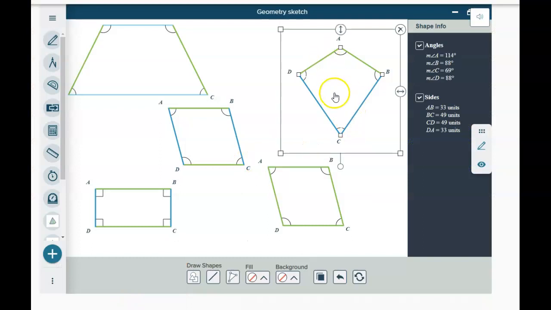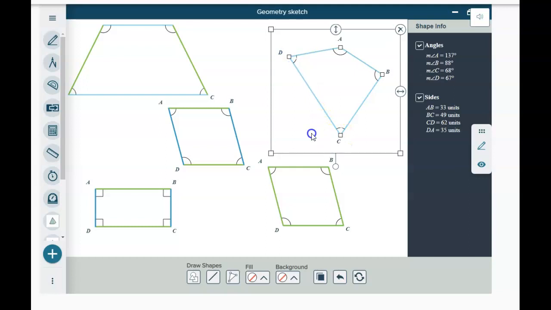So this is a kite, and if I make one of these angles to be a right angle, oh, there's my right angle, but then this and this have to be the same length, so DA and CD have to be the same length.